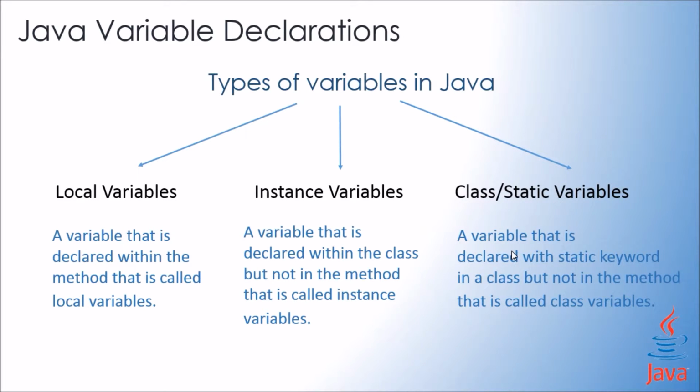A variable that is declared within a method is called a local variable. A variable that is declared within the class but not in a method is called an instance variable. A variable that is declared with the static keyword in the class but not in a method is called a class variable.